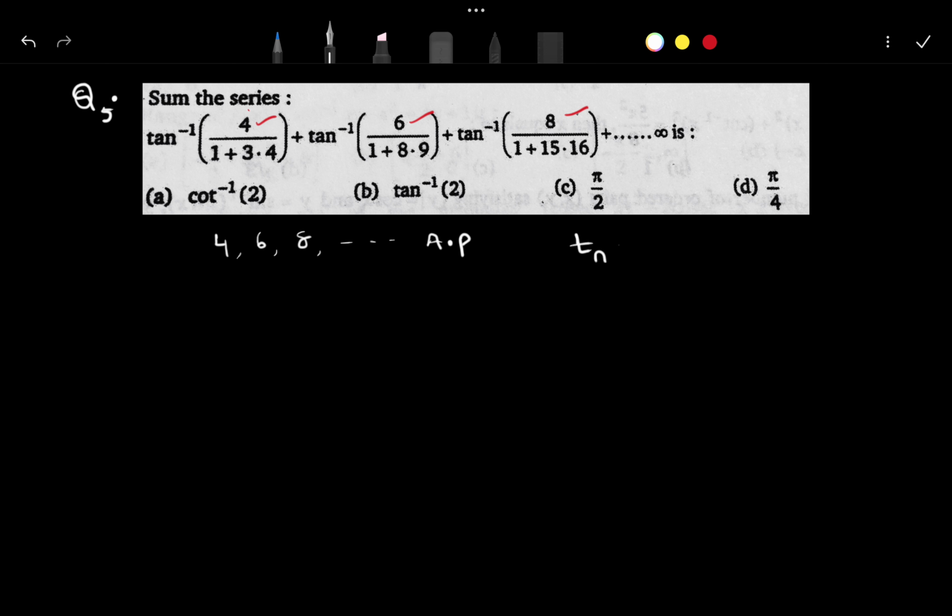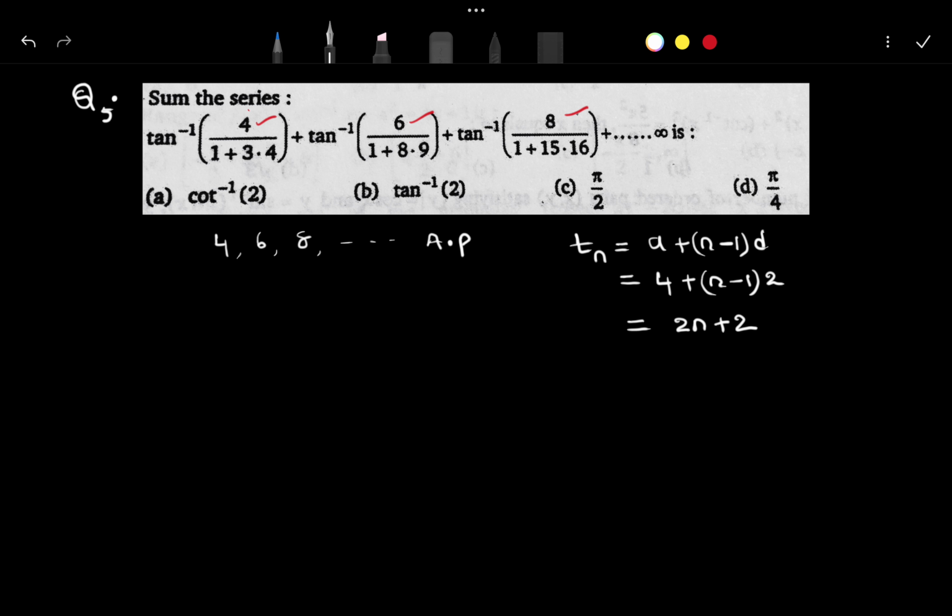Tn is equal to a plus (n minus 1) into d, where a is the first term and d is the common difference. By substituting, this is 4 plus (n minus 1) into 2. Finally this value will be 2n plus 2, which is the general term.